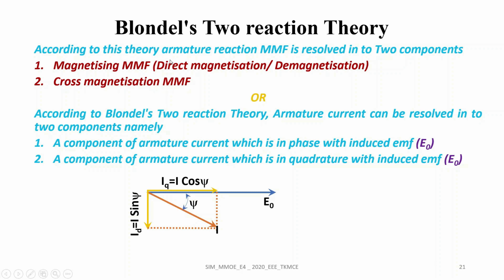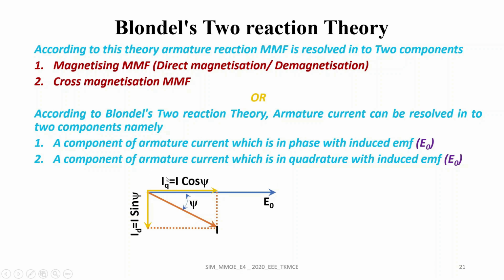The same statement can be represented in terms of current also. According to Blondel's two reaction theory, armature current can be resolved into two components. The first component is the component of armature current which is in phase with the induced EMF E0, that is in phase with the quadrature axis.